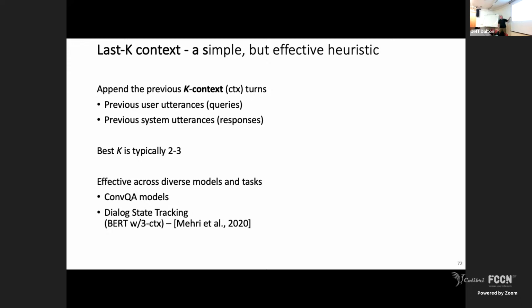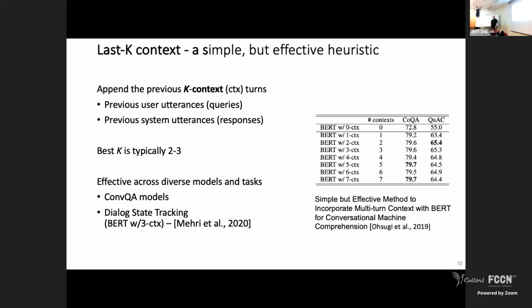The interesting thing is that this heuristic is widely used across all of the models that we see today. So in conversational QA systems, in dialogue state tracking systems, and people have shown on these data sets that you can't do better with the current models that we have. And so these are some of the state-of-the-art models.